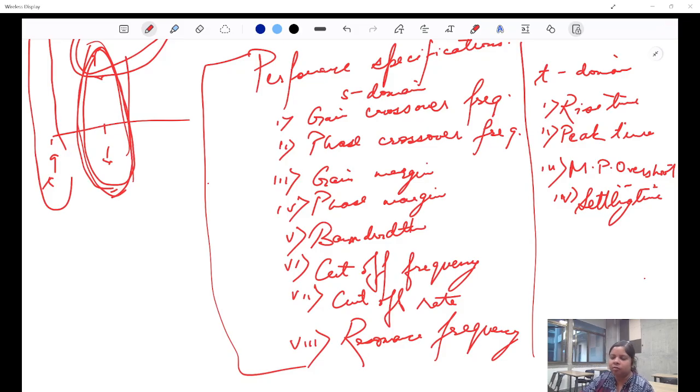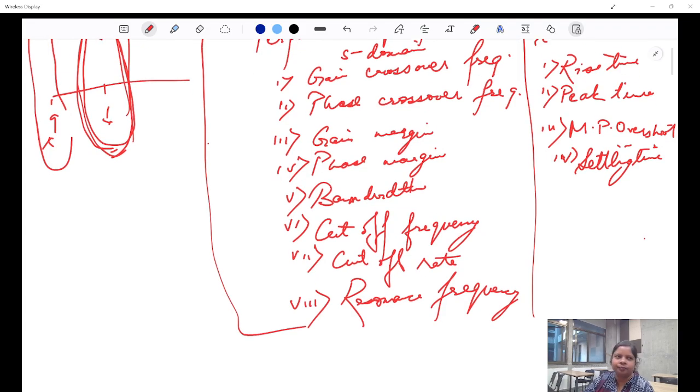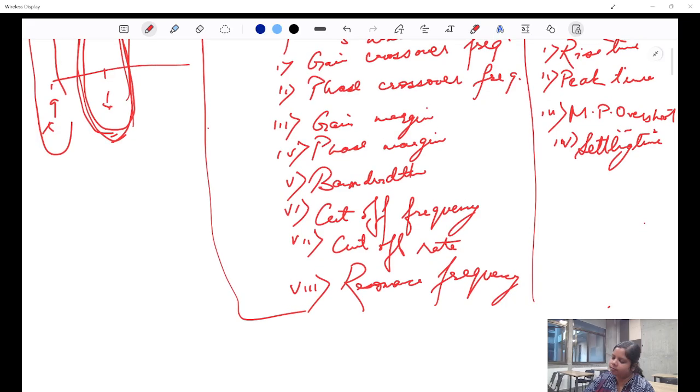Both of them are different ways of analysis, but eventually there are some relations. For example, phase margin is approximately equal to, I don't remember this factor, I believe it is 100 times zeta.